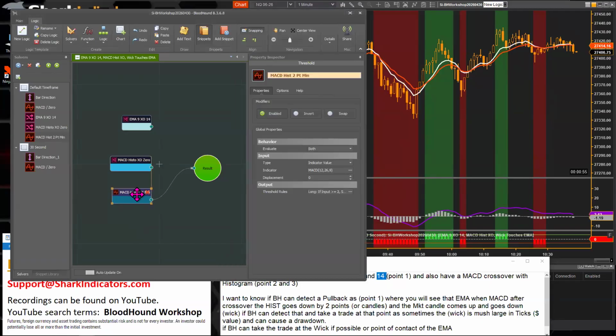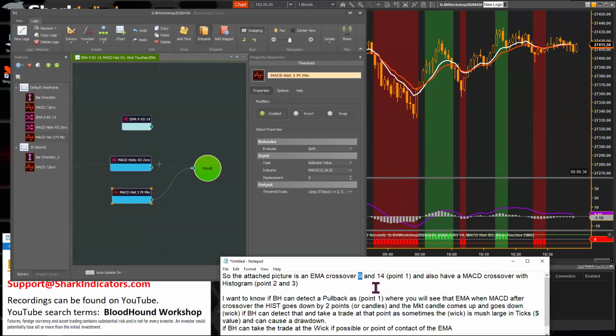But if you wanted to, I'm just throwing this out there so that everybody understands what's capable. Right now we're going to require that a wick touches the EMA 9, but you could also say, you know what, if the wick touches the EMA 14, then that nullifies the signal.